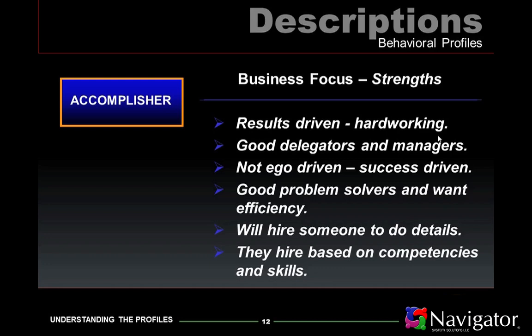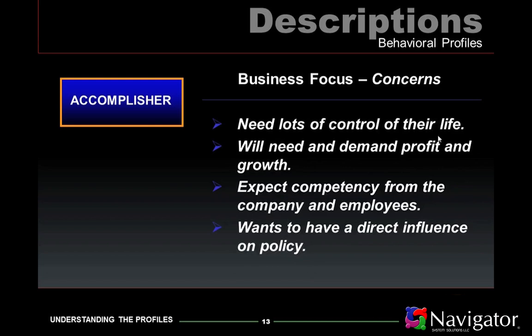They are success-driven. They're good problem solvers. They want efficiency. They're going to hire somebody to do the details because it's tedious and they want to stay at a higher level. But remember, the one key here, whether it's in business ownership or in just moving their lives forward, is they're going to bring on people and surround themselves with people based on competencies and skills, not based on relationships, friendships, and family.